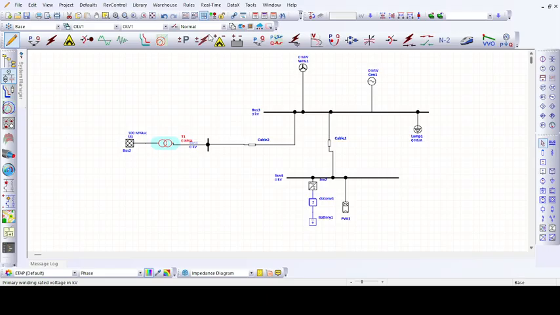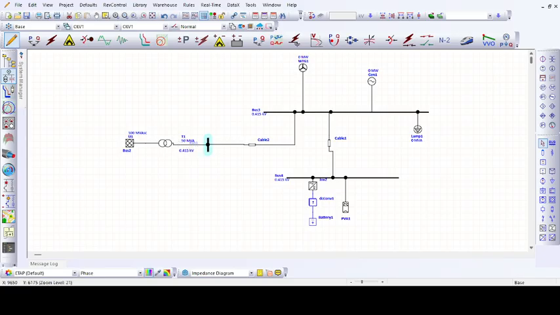The transformer primary is about 11 kV and the secondary is about 415 volts. The MVA is about 100 MVA, so we'll go with a 50 MVA transformer. The impedance will be the typical Z and X by R ratio.